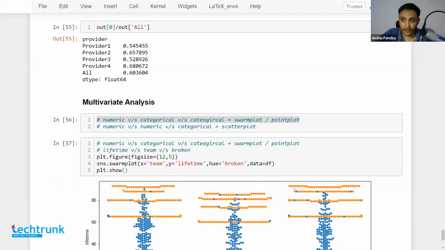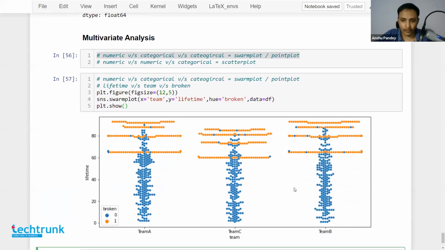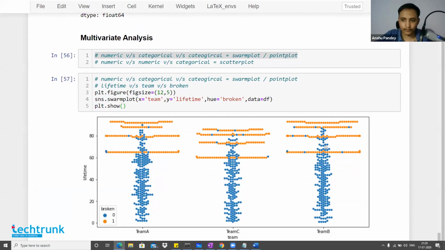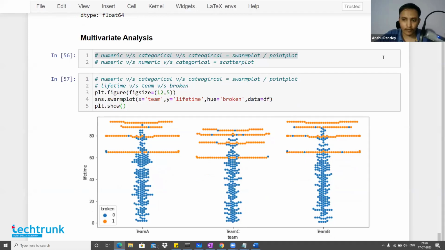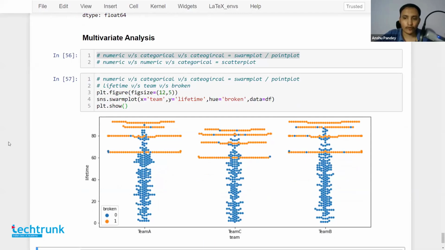So now we have drawn the plot of the graph here. The x-axis shows simply team A, team B, team C, and the y-axis shows lifetime.